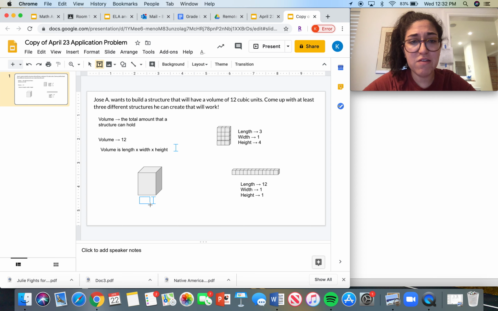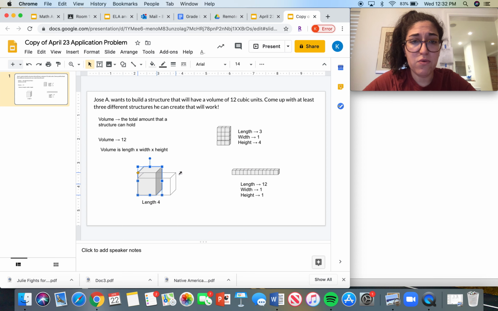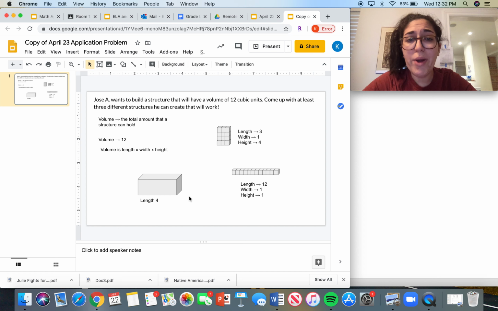So for this one, let's say I said it had a length, and remember it has to be a different structure from the ones I built before. So let's give this one a length of 4. Okay, now 4, let's give it a width of 3.